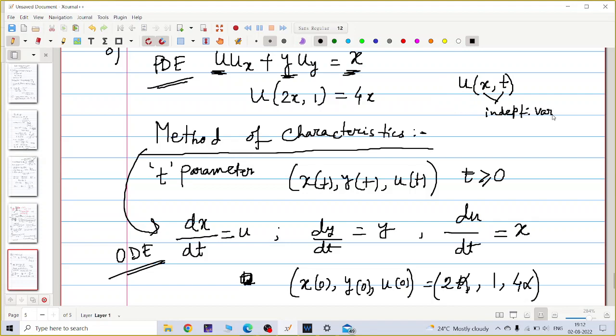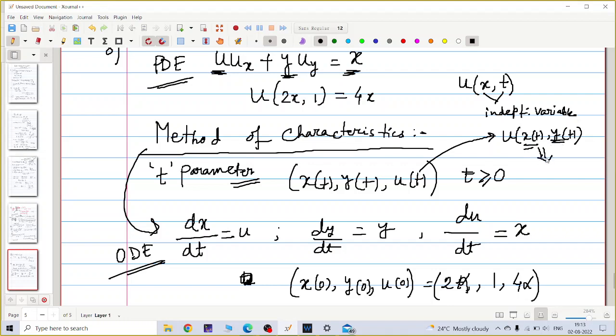But after the method of characteristics, you write x(t), y(t), u(t). Here I parameterize. u(t) means u of x(t), y(t). x(t) is a function of t, y(t) is a function of t.